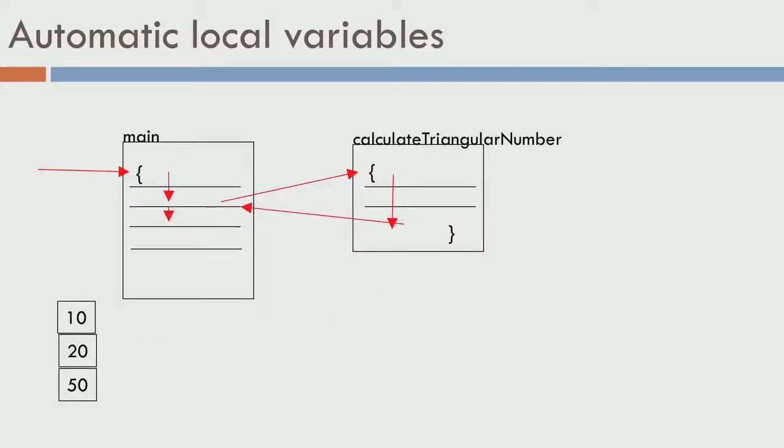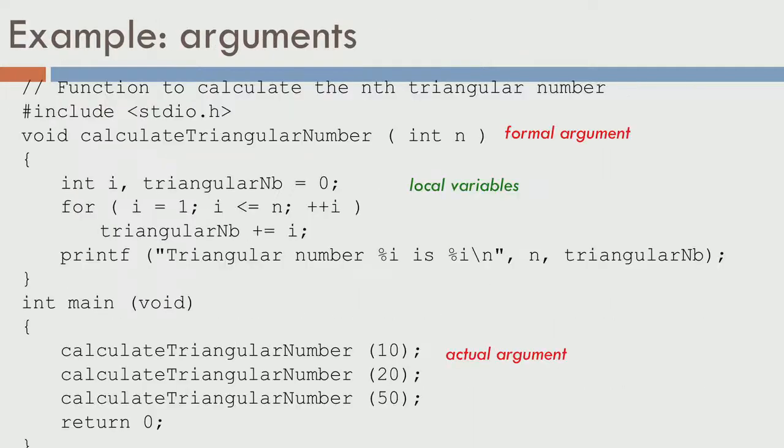So, in this context it is good to understand the notion of lifetime and scope. Lifetime is something that people get confused about very often. Lifetime is the period of time when a memory location is allocated. If you go back to this example that we had earlier, the variables I, triangular, n, b and n are said to be alive only when this function is called.